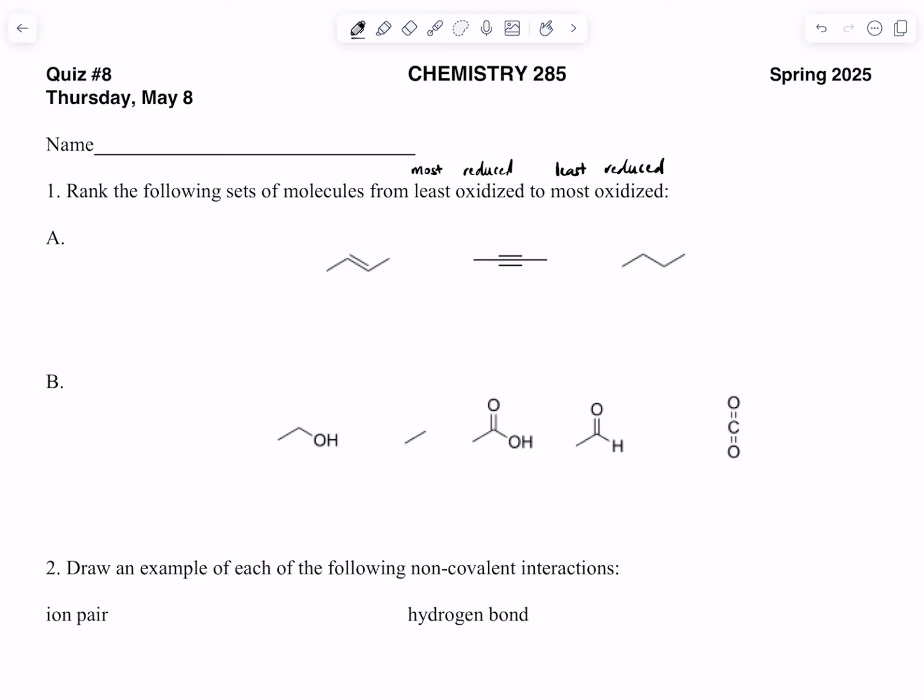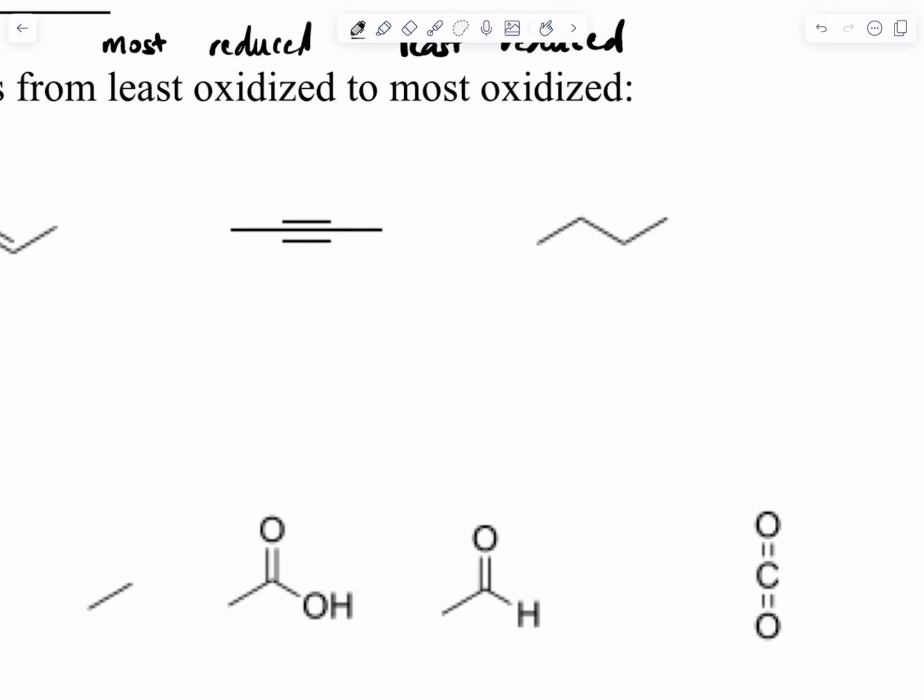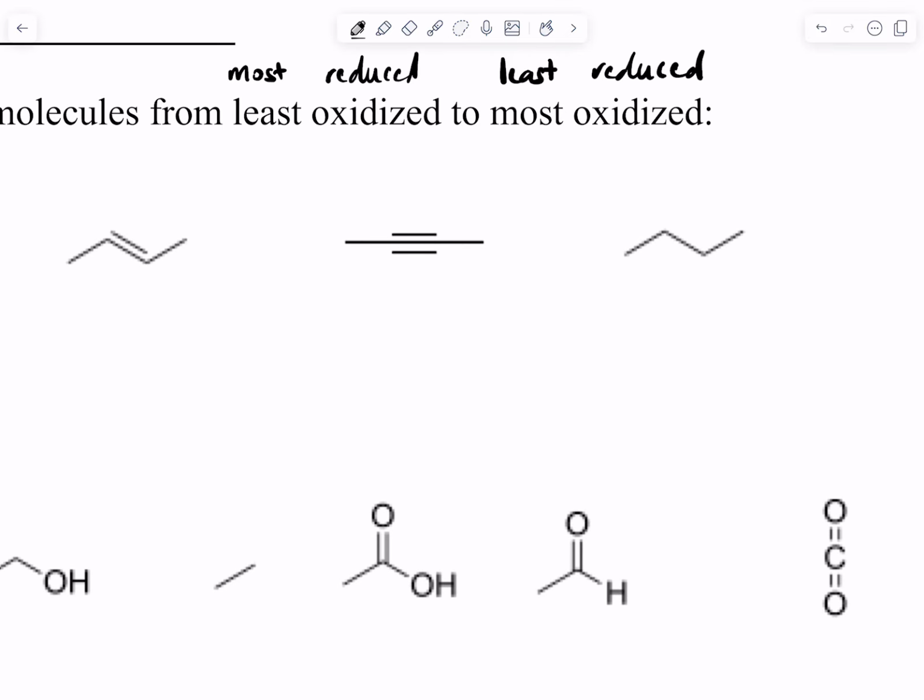Okay, what do you got? What is the most reduced or least oxidized hydrocarbon up there? Is it the alkane, the alkene, or the alkyne? Alkane is the least oxidized, most reduced. Okay, how can you tell that? What's the explanation?